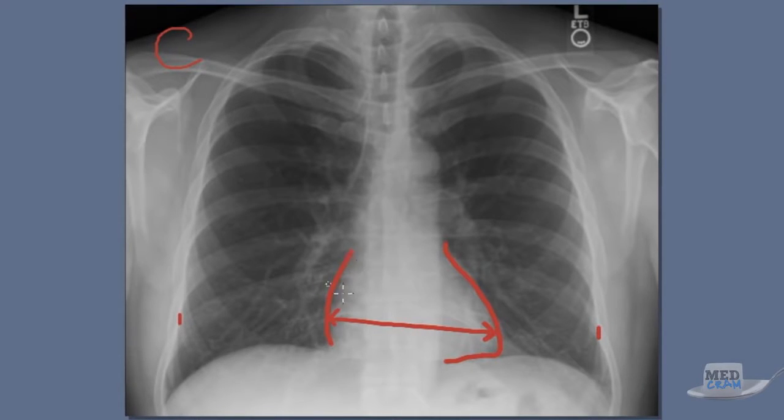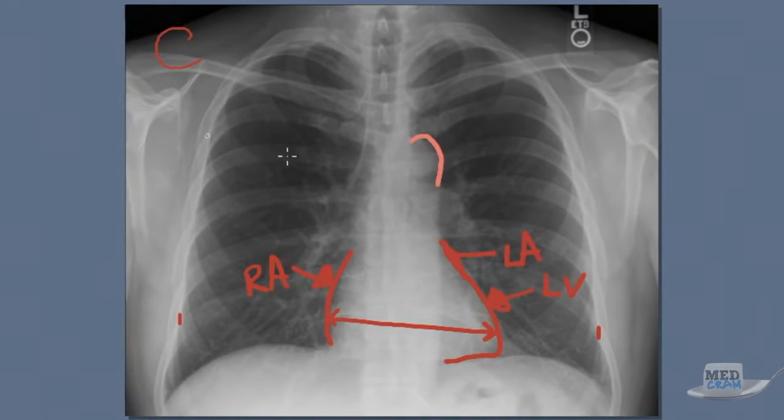So these heart borders are very important because if you see enlargement, you can tell what part of the heart you're looking at. This one right here is the right atrium. This one over here is actually the left ventricle. The left atrium is right up here. At the top here, we have the aorta, specifically the aortic arch coming down.